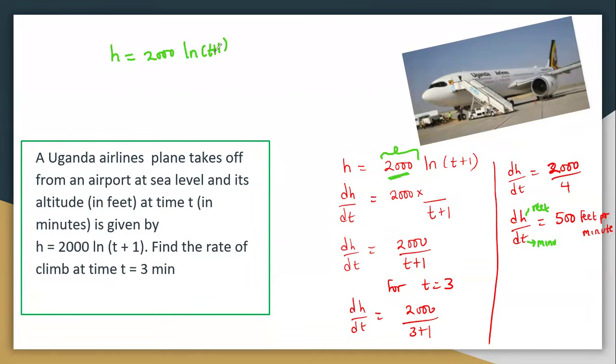You use your chain rule. You let your u equal t plus 1, and then h is equal to 2000 ln of u. This is a constant, it's not affected. Like when differentiating 2x, you don't differentiate 2, you only differentiate the x. Oh, thank you, teacher.